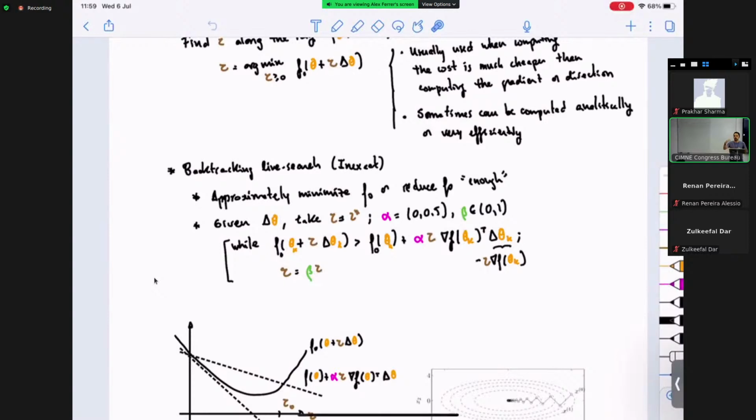So you start with a large value. If the new cost is larger than the one that you had before, then you divide it by 2, because you know that you have a descent direction. Is it descending? No. You divide it by 2. Is it descending? No. And so on. And when it's smaller than the cost function you had, then you take this line search.